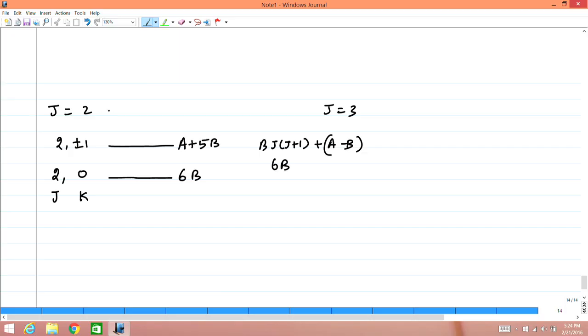For K equal to plus or minus 2, K squared is 4, so you get 12B plus 4 times (A minus B), which gives 4A plus 8B.